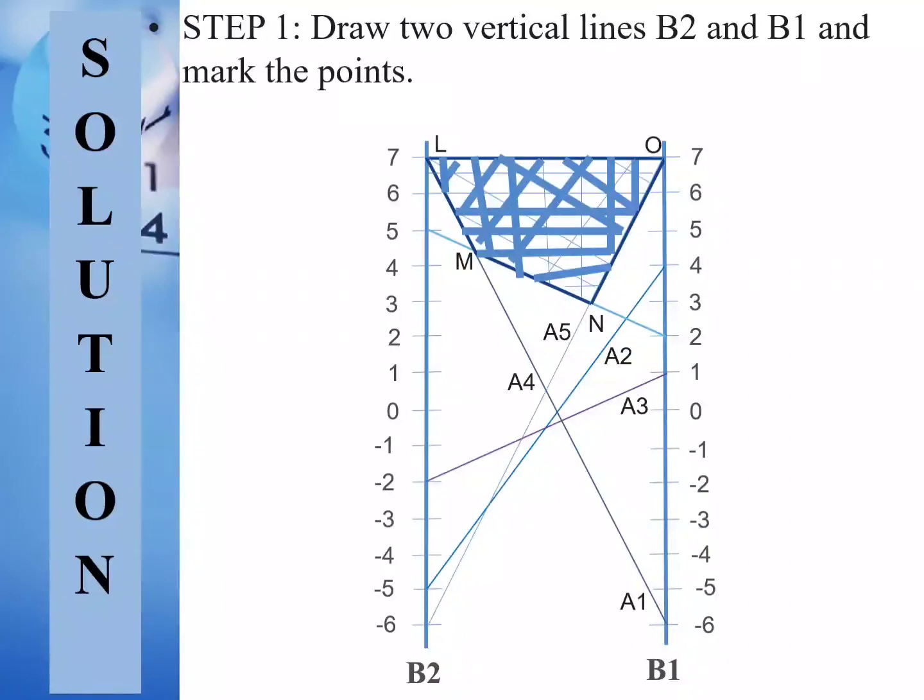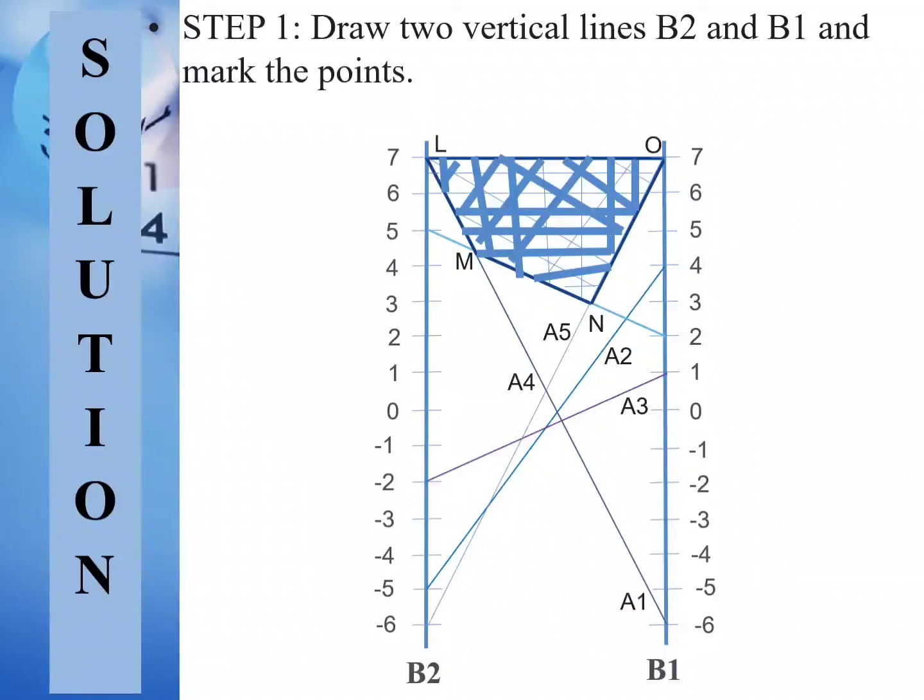Then, we are going to mark the values on B1 and B2. After marking, the values are 7 to minus 6, because the highest column value is 7 and the lowest column value is minus 6. So, we are going to mark from 7 to minus 6.